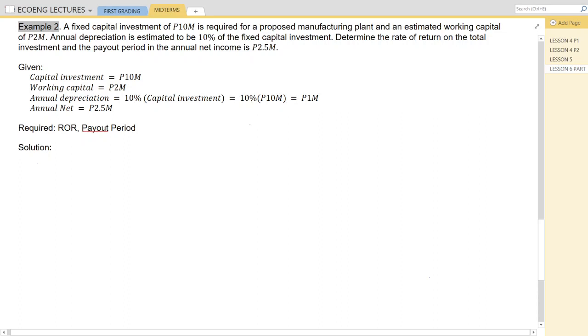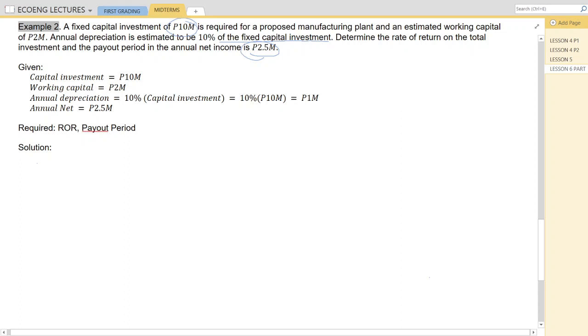The annual depreciation is estimated to be 10% of the fixed capital investment, which is 10 million. We determine the rate of return on the total investment and the payout period, with an annual net income of 2.5 million pesos.